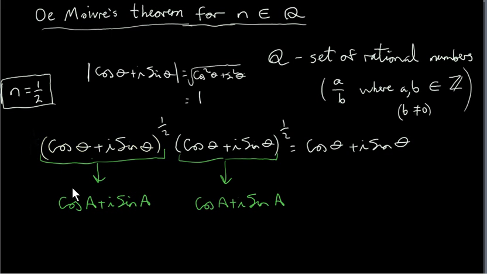So now we know that we can write these two complex numbers as cos a plus i sine a, and if we multiply them together, what do we get? Well, by a previous video on the multiplication of complex numbers that are in polar form, you saw that we just add the arguments. So we add a onto a to get 2a.